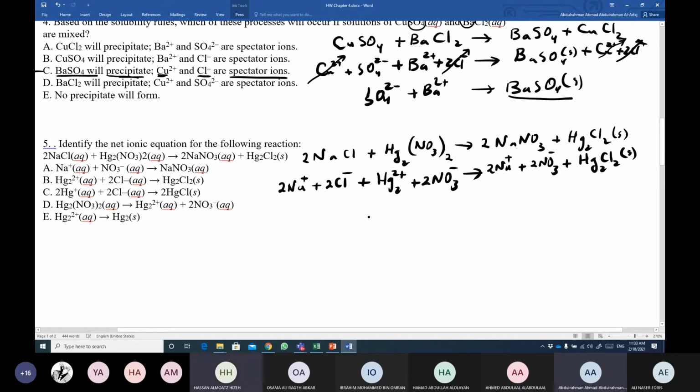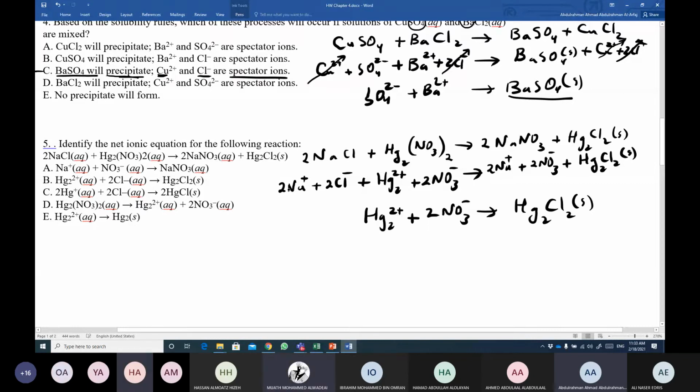We get rid of the spectator ions. Exactly. So Hg2 2+ plus 2Cl- to give you Hg2Cl2 solid. Okay.